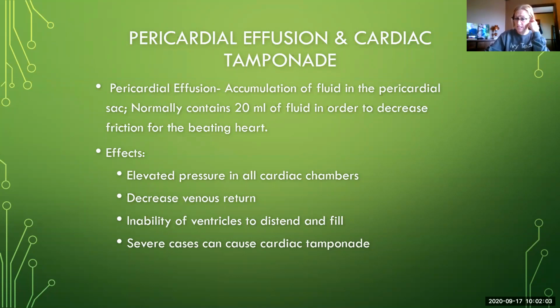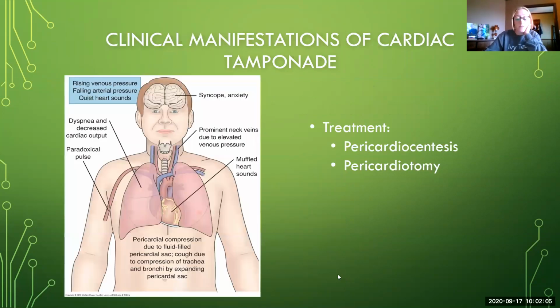Pericardiocentesis is often the quickest method to relieve that fluid, where they do a needle aspiration and remove the fluid to get the heart beating again, and then figure out: are they bleeding, or is it from fluid? So correcting the problem before it recurs.